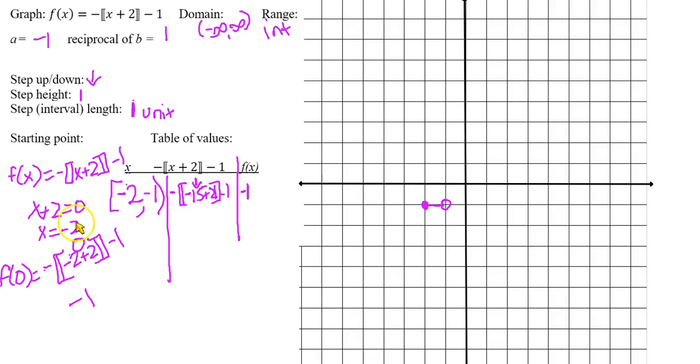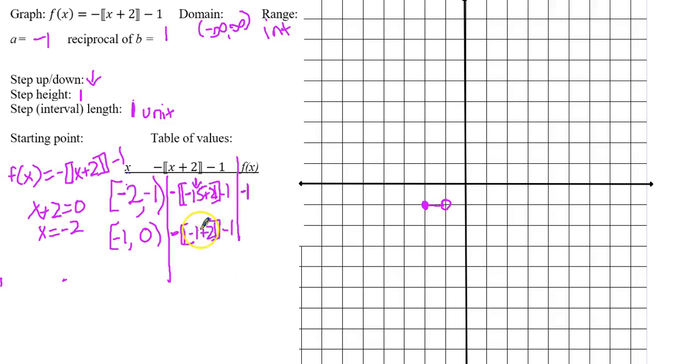I'm going to erase a little space here so I have some space. We're going to pick the next interval up. So we're going to start with negative 1, and we're going to run all the way to 0. That's another unit, step length of 1 unit. Plugging that in: negative 1 plus 2 minus 1.